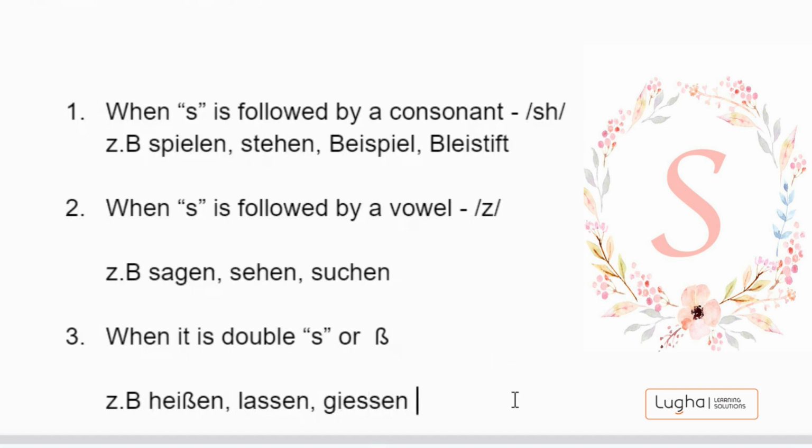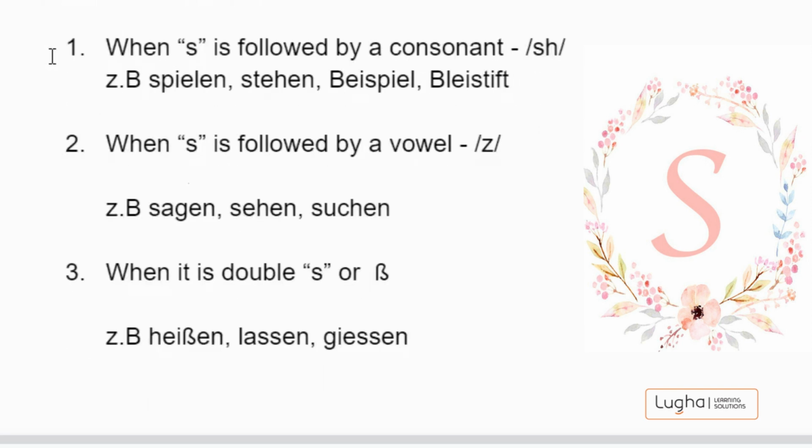So when it is double S, or an Eszett, which basically represents a double S, that is the only time that we get to pronounce S in the same way that we're used to pronouncing it in English. Okay, are we together so far? I hope we're together so far.